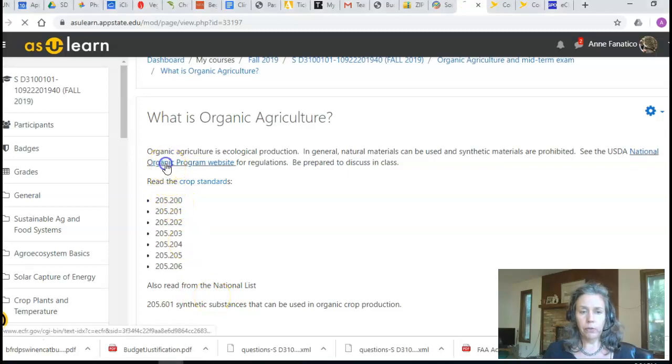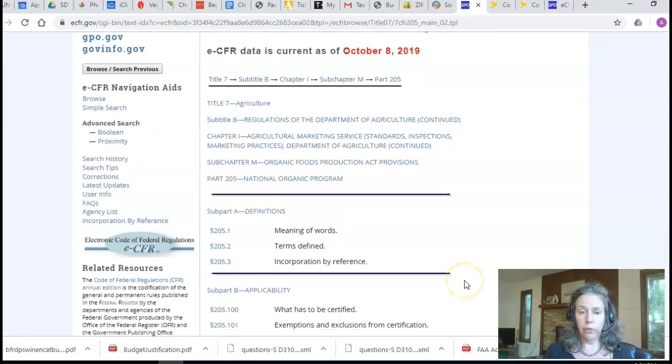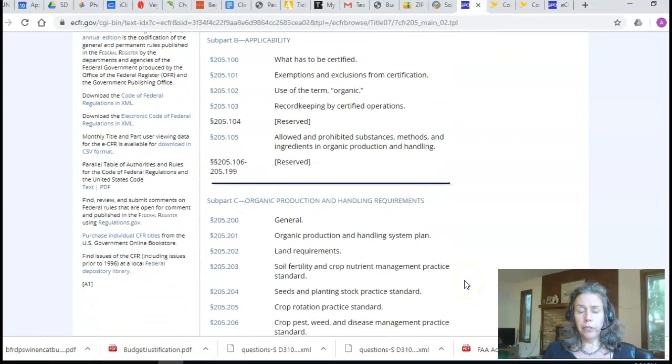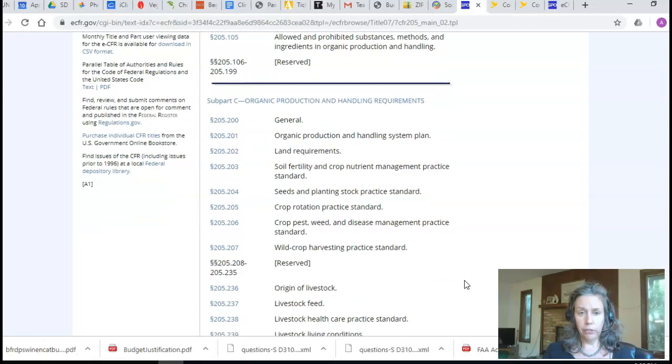So if you click on the Organic Program website, it takes you to the National Organic Program, and these standards are written in the form of regulations. If you read these 5 standards, these were the key ones that I want you to start learning about.